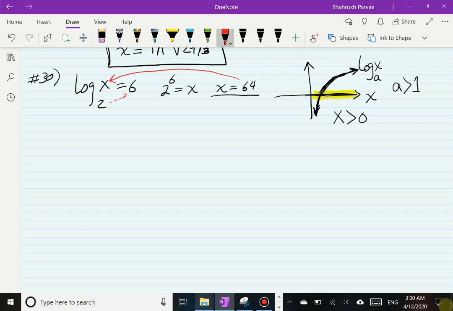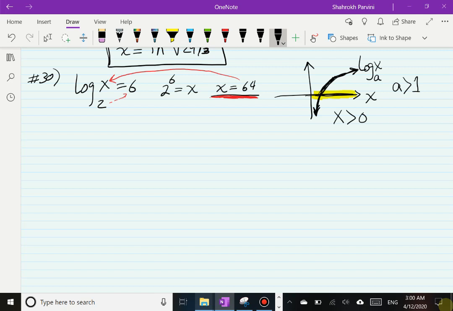What I said was that when you plug the proposed solution into the argument of a log, the argument must be positive. The answer for x could be positive or negative, as long as it works in the argument, we're good. We'll see examples of cases where this won't happen and we have no solution. But for now, we are good. The answer to this is 64.